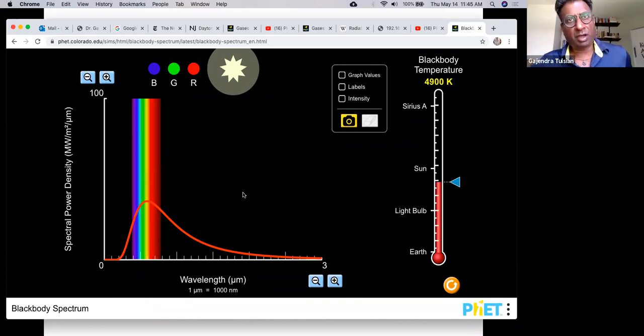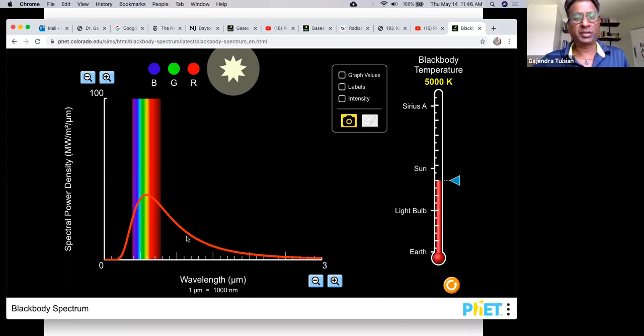So if you take a solid object or a liquid object, this graph, the intensity versus wavelength, the spectral density, is unique. It depends on the temperature of the object. So if you want to measure the temperature of some object that is remote, like the surface temperature of the sun, all you do is, for various wavelengths, you measure the intensity of light coming, and that'll give you the temperature.